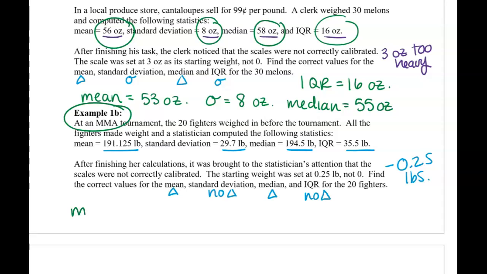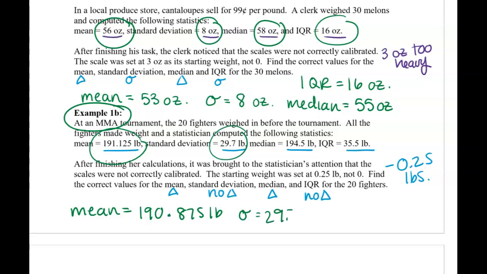So our mean was 191.125. If we subtract 0.25, 191.125 minus 0.25, we should get 190.875 pounds. Standard deviation, 29.7.